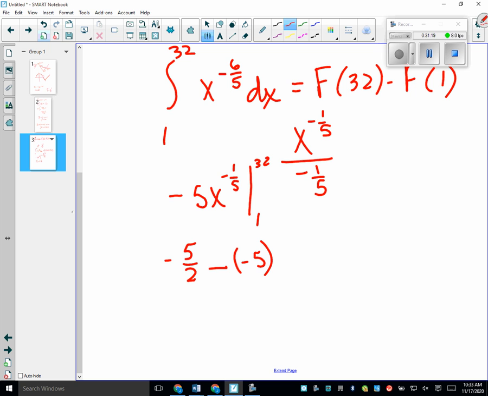How did you get negative 5 halves so quickly? Do you guys know? What's the fifth root of 32? 2. Okay. The fifth root of 32 is 2, because 2 to the fifth is 32. And I put it on the bottom, which made negative 5 halves. Okay, that makes sense.